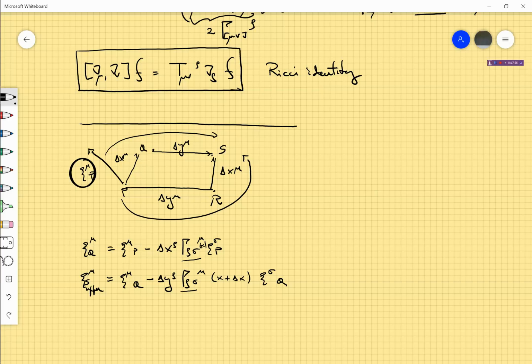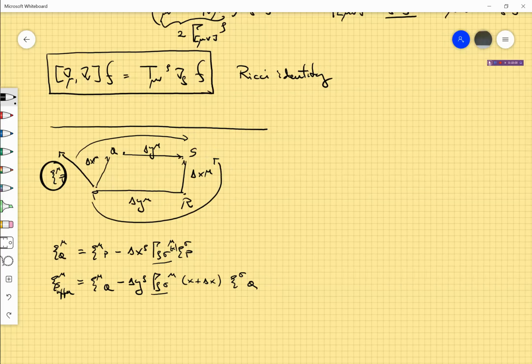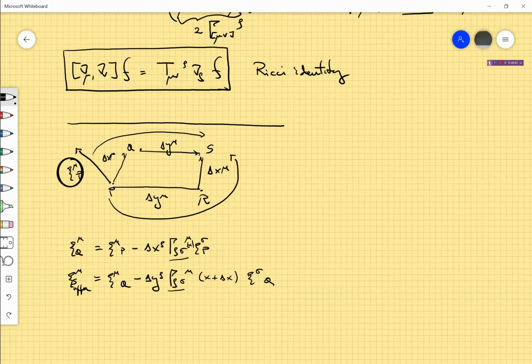And one last warning, maybe I should have said this before, but delta x mu and delta y mu do not refer to different coordinate systems. We are always working in one coordinate patch unless we say that we are going to change coordinates.